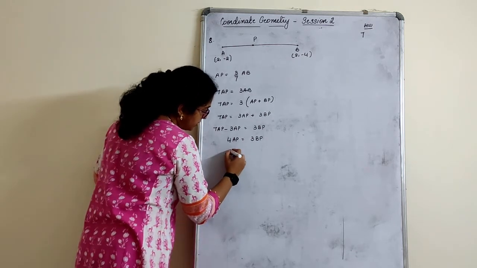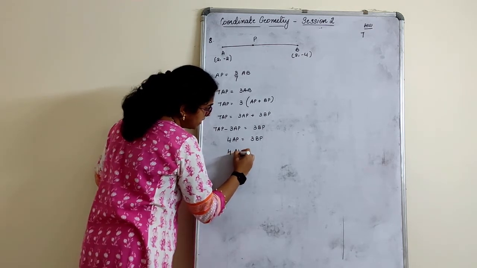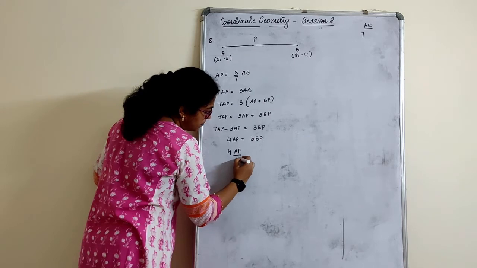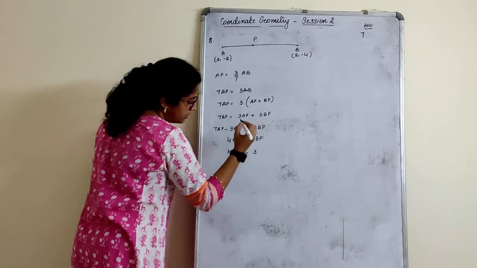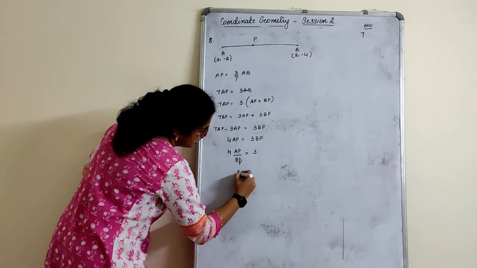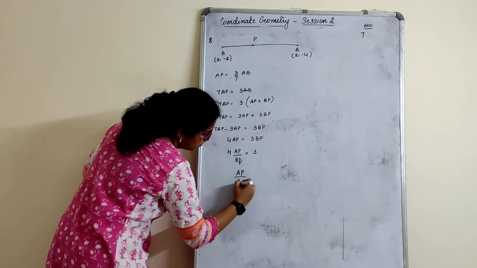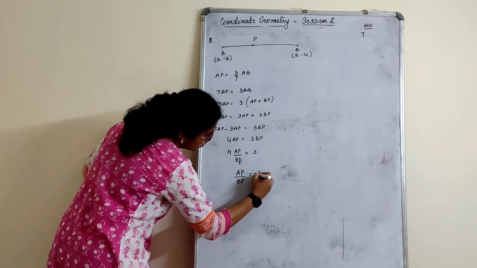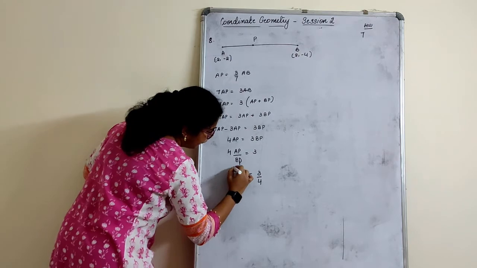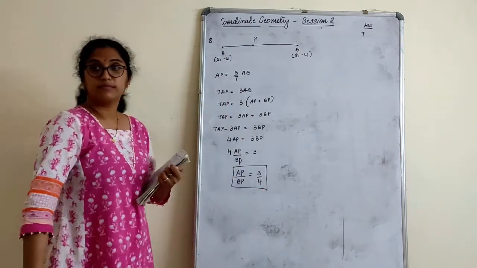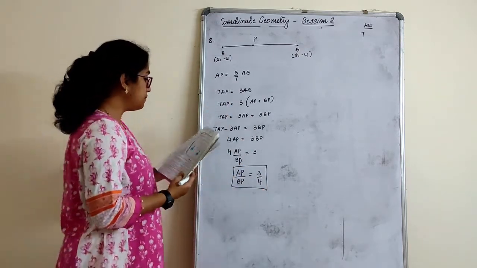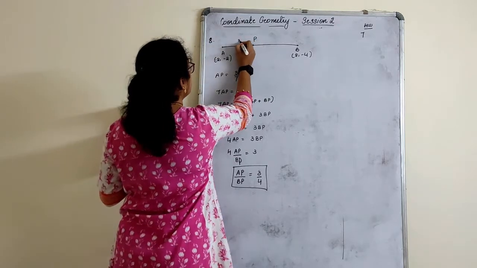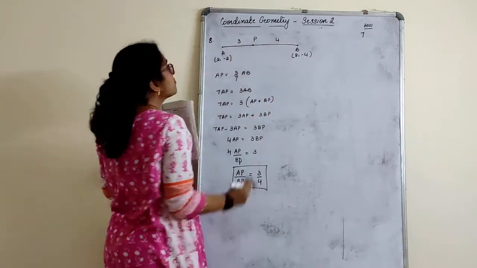So if I write this as 4 times AP upon PB is equal to 3, AP upon PB is equal to 3 by 4. Got the ratio? So AP and PB are dividing in the ratio 3:4.